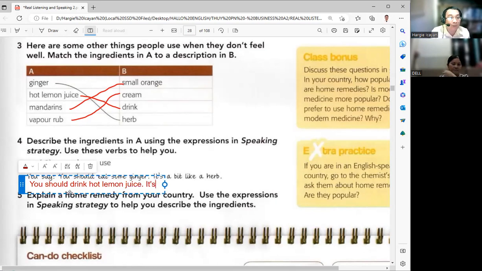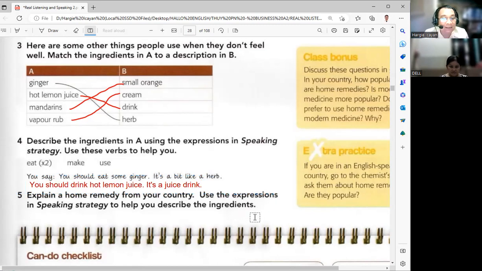So what advice can you give? It's a juice you drink, right? It has vitamin C. So you should drink hot lemon juice. It's a juice drink, or you can also use another one, Toy, if you want.